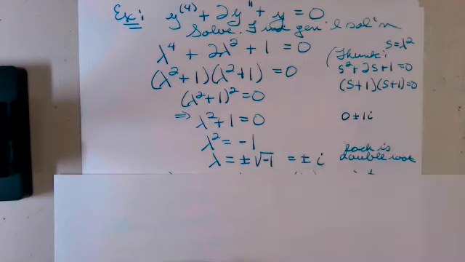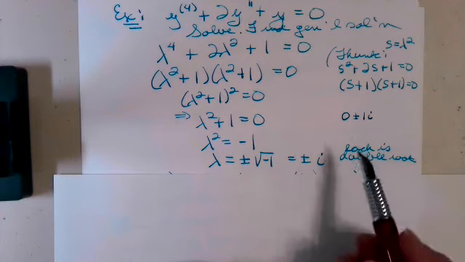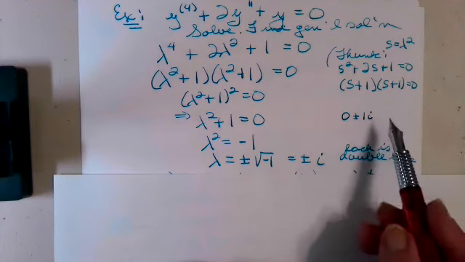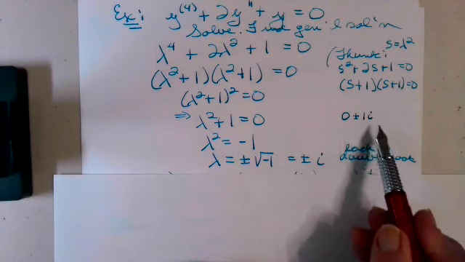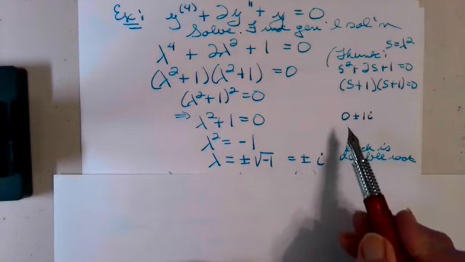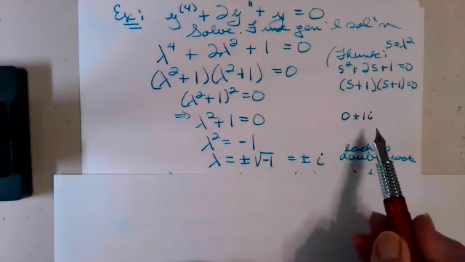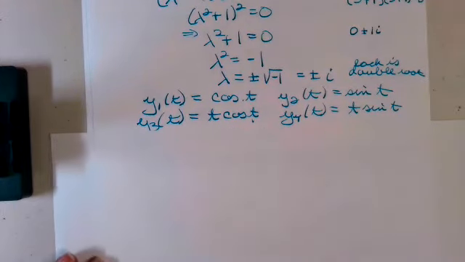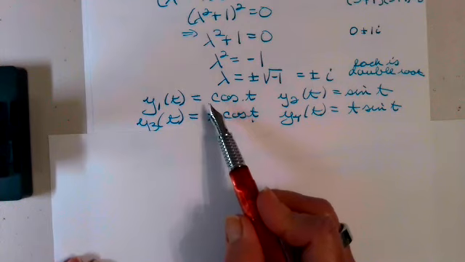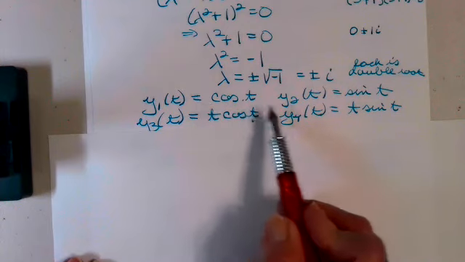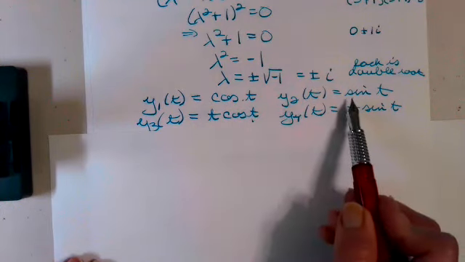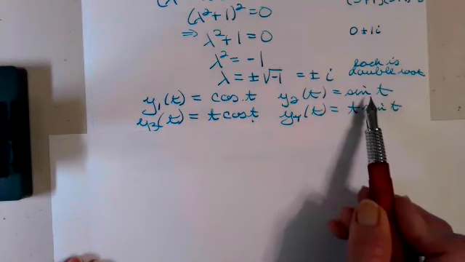So when you write that down, the solution would be e to the 0t times cosine t, and the other solution is e to the 0t times sine t. We get the same thing here: e to the 0t, which is just 1, times cosine t, and a second solution e to the 0t times sine t.